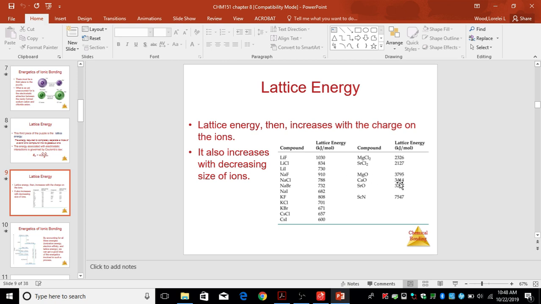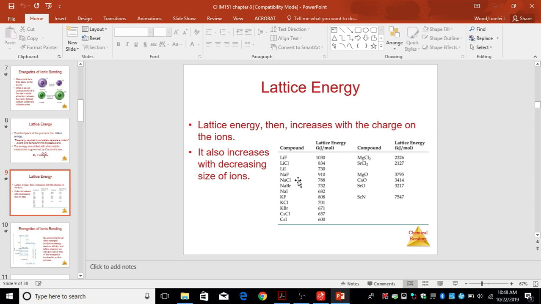If we look at things that are, let's see here, charge-wise, let's see. We've got MgCl2 and NaCl. Okay, Na and Mg are in the same row on the periodic table. They're both in row 3. Na is element 11, Mg is element 12.